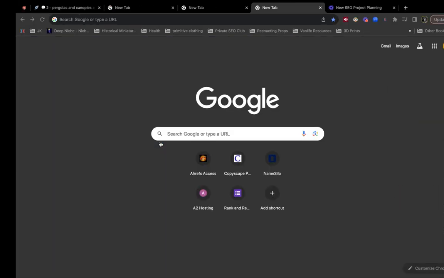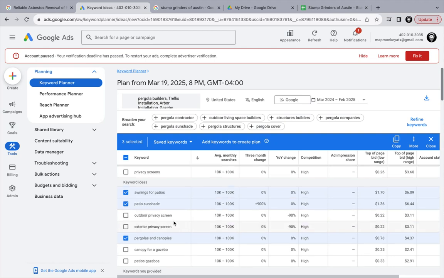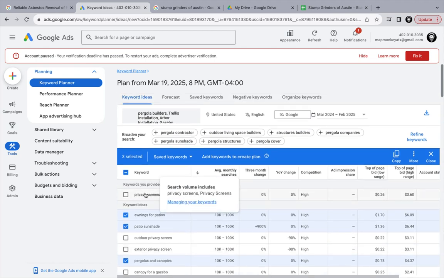Shade, screen, awning. So let's go back to our keywords and look. Privacy screens. Yeah, so he's kind of getting parts of all of these. Privacy screens, that came in first.